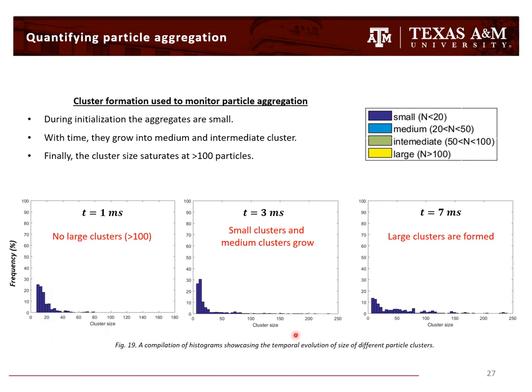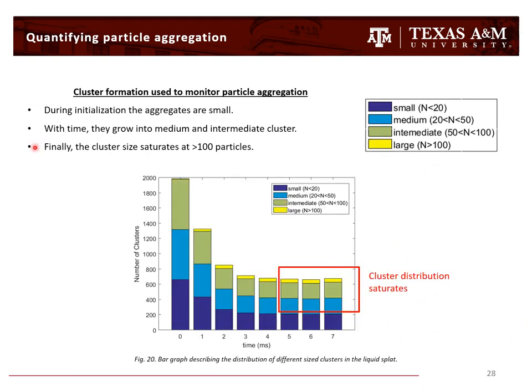And then as time proceeds, you will see that the medium clusters grow, they aggregate, and eventually most of the small and medium clusters aggregate to form these large clusters which are of sizes greater than 100.